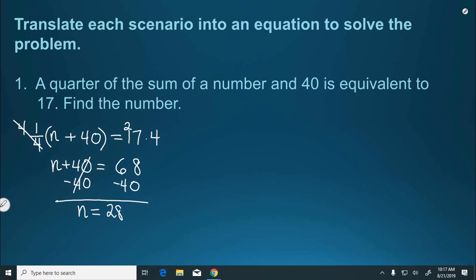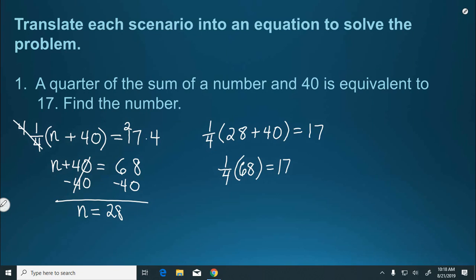Now, with this being such a short equation, if I had the time on a test or an exam, I would check it by plugging n back into the equation. So I have 1/4 of 28 plus 40 equals 17. So that's 1/4 of 28 plus 40, which is 68, equals 17.